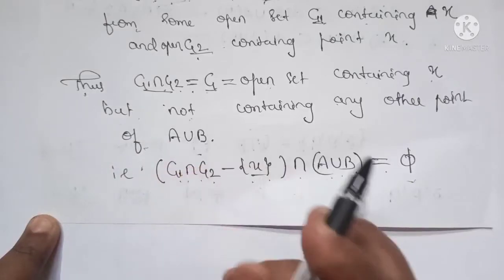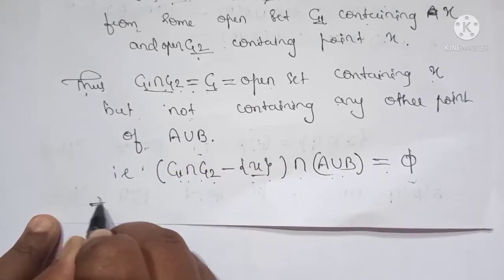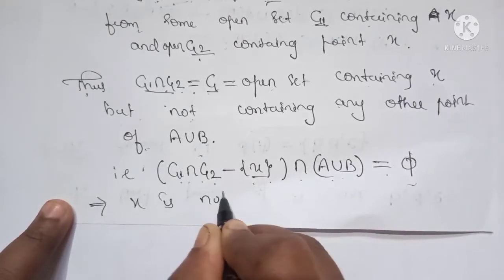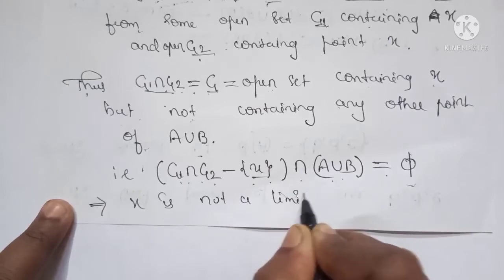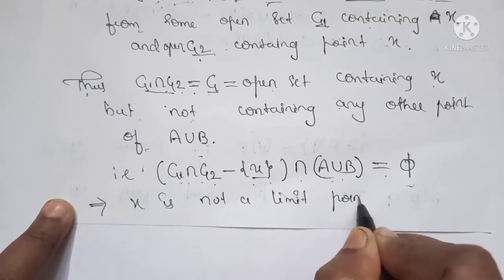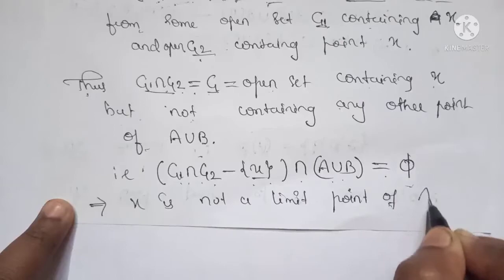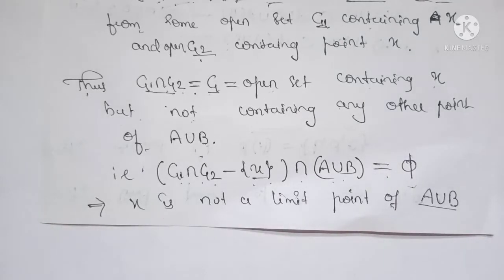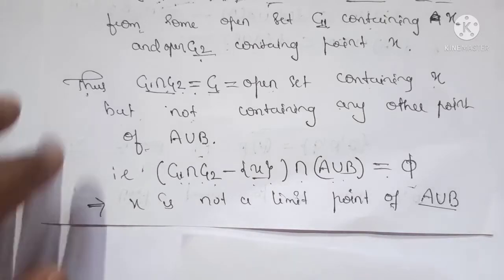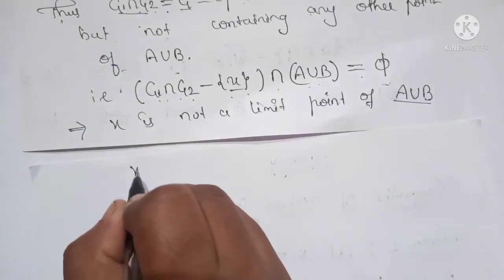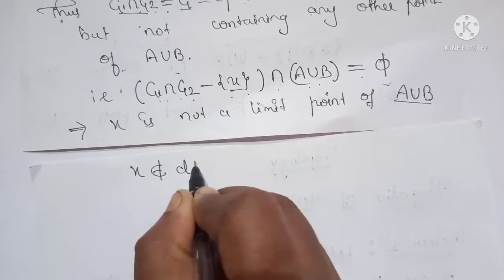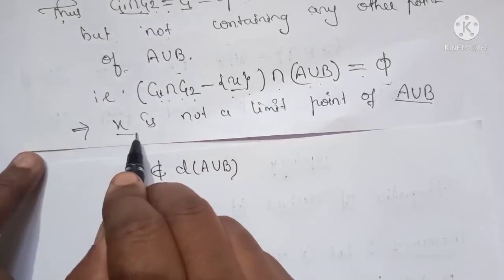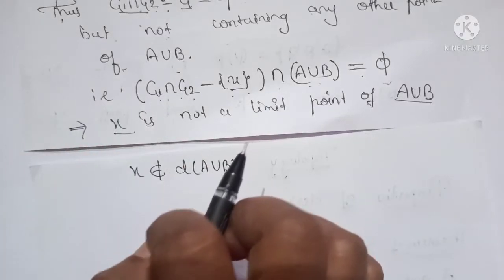There exists no point. Okay, so it implies that x is not a limit point of A union B. It means that this x does not belong to the derived set of A union B. Okay, so when it is not a limit point, then it does not belong to the derived set.